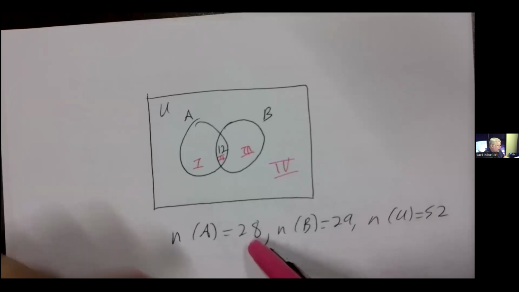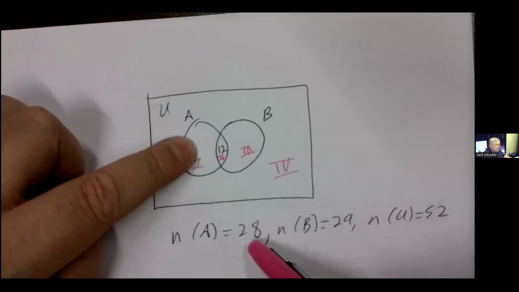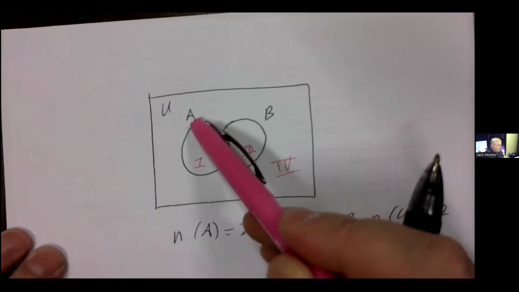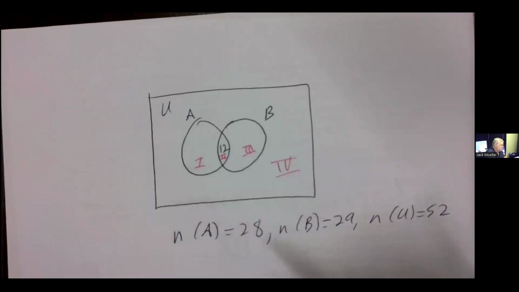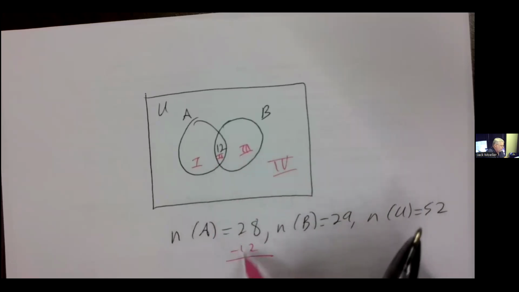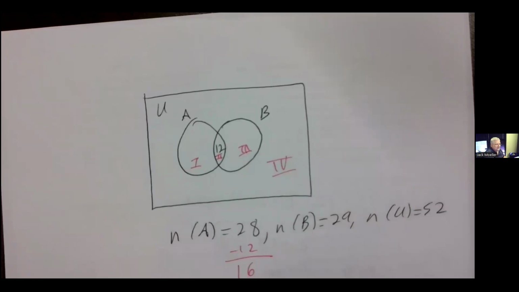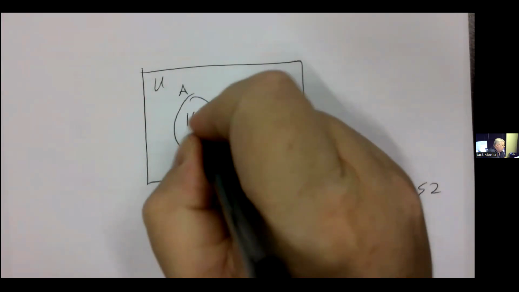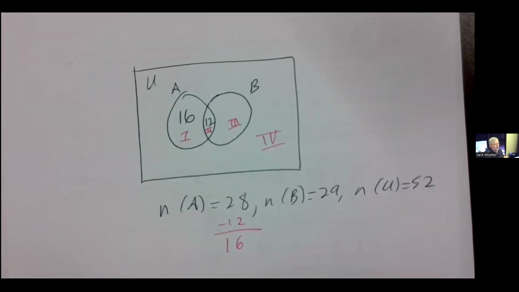I'm hoping by now you're not just plugging the 28 in there, because if you did, you're saying there's only 28 people who only like A. Remember, A is the entire circle. So we've already accounted for 12. That leaves us 16 people not accounted for in A. 16 goes in only A.